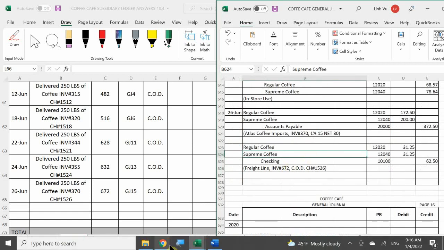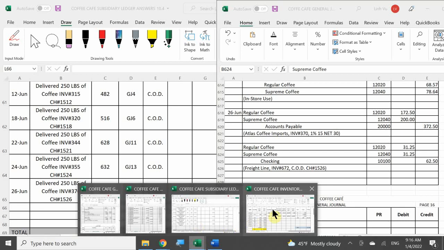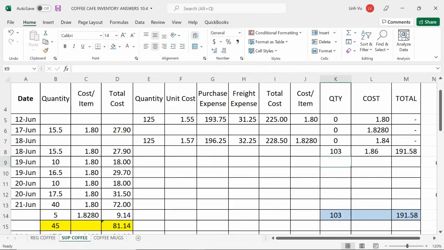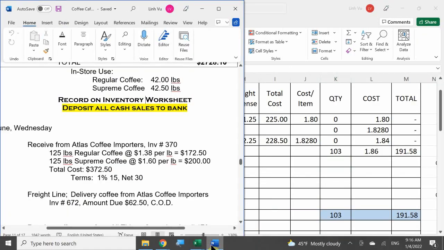Now we can go ahead and update our inventory worksheet. So we bought regular coffee for $1.38 per pound, and then the Supreme coffee for $1.60 per pound.